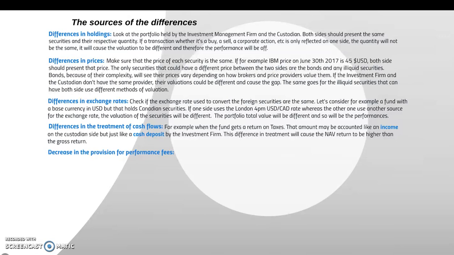That will translate into a gain, causing the current NAV to be much higher than the previous NAV. Since the provision of performance fee is an accounting entry on the custodian side for the NAV valuation, the gain generated will not be included in the calculation of the gross return by the investment management firm. When this happens, the NAV-based return calculated might be higher than the gross return.